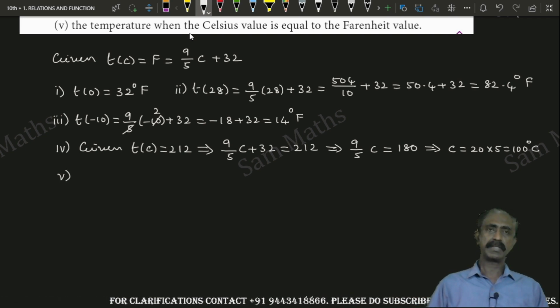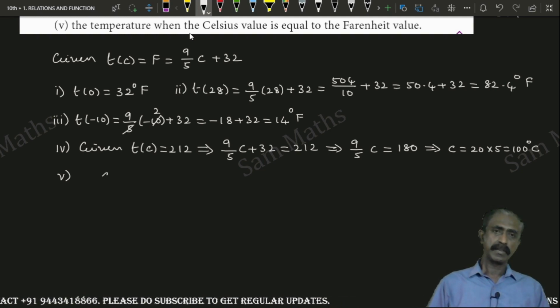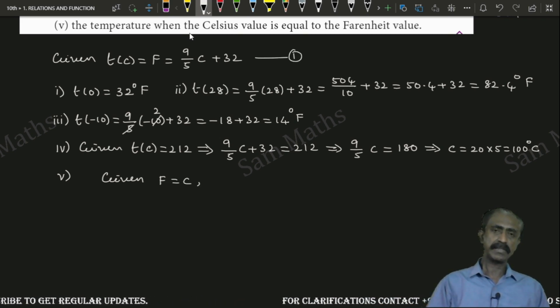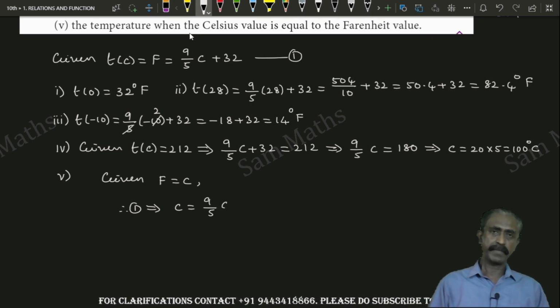Fifth subdivision, the temperature when the Celsius value is equal to the Fahrenheit value. Therefore, given F is equal to C, let this equation be 1. Therefore, 1 implies F is equal to C, so C is equal to 9 by 5 C plus 32.